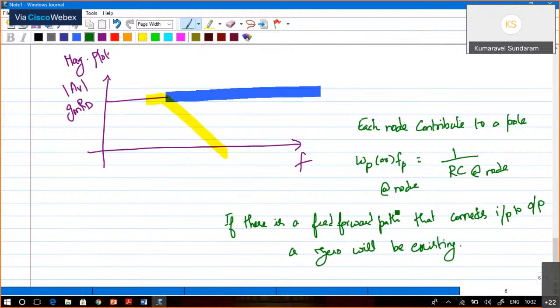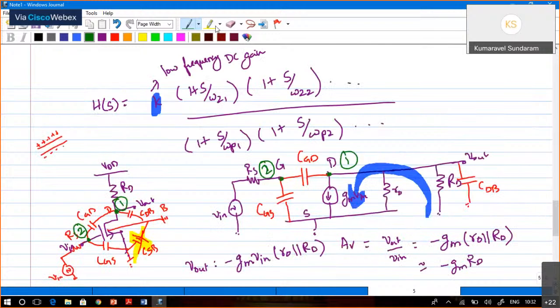Okay, so a 0 will be contributed based on the feed forward path. So why is there a feed forward path? If you observe this circuit, there is a feed forward path given by CGD, right? So there is going to be one 0 formation. This CGD directly connects the input to output as a feed forward path.